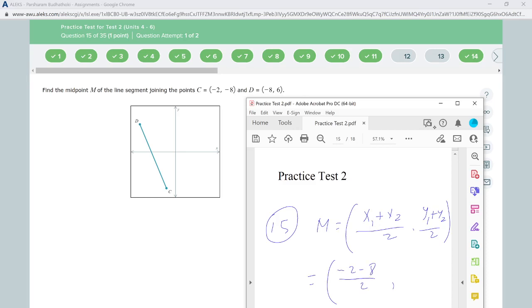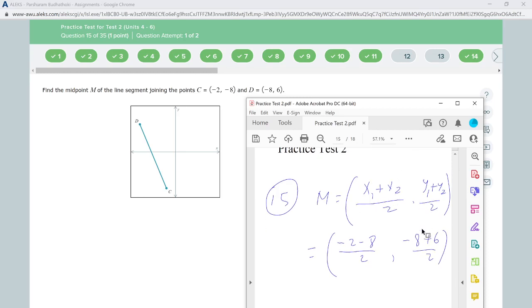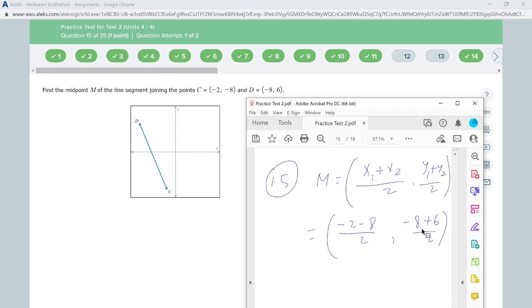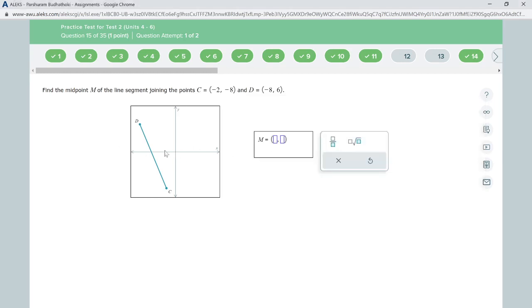Add the y coordinates, which are -8 and +6, divided by 2, and that would be the coordinates of the midpoint. -2 and -8 is -10, divided by 2 is -5. -8 plus 6 is -2. -2 divided by 2 is -1. So this is the coordinate of the midpoint: (-5, -1).